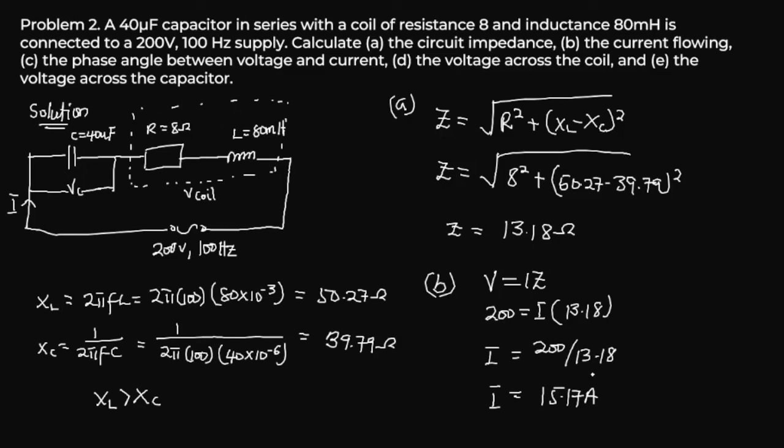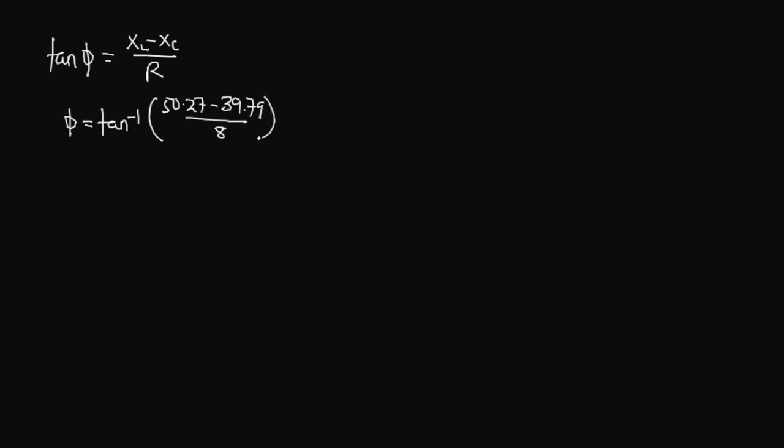Now the C aspect of the question is saying we should find the phase angle between the voltage and the current. So the phase angle is equal to, we establish the fact that XL is greater than XC, so it's going to be like this over R. So the phase angle is equal to the tan inverse of (XL is 50.27 minus XC is 39.79) all divided by 8.